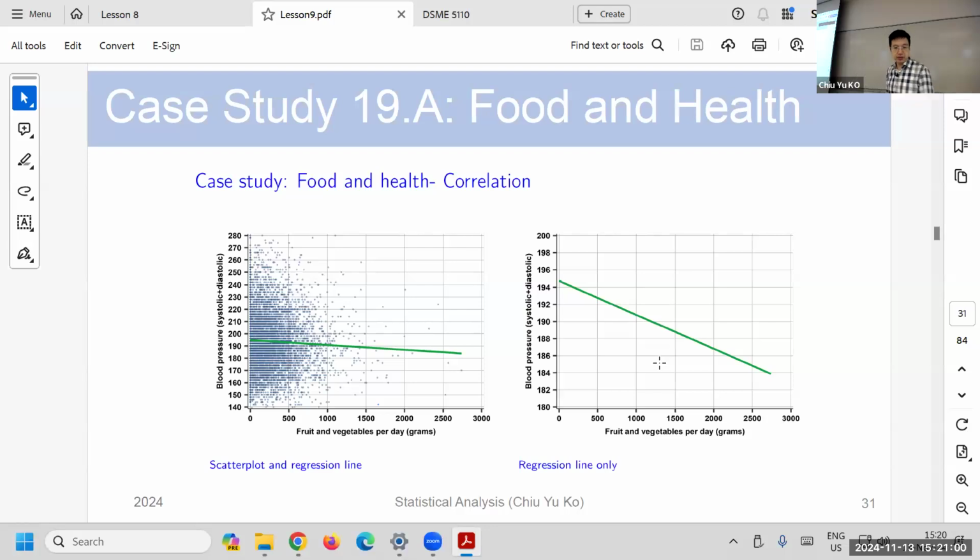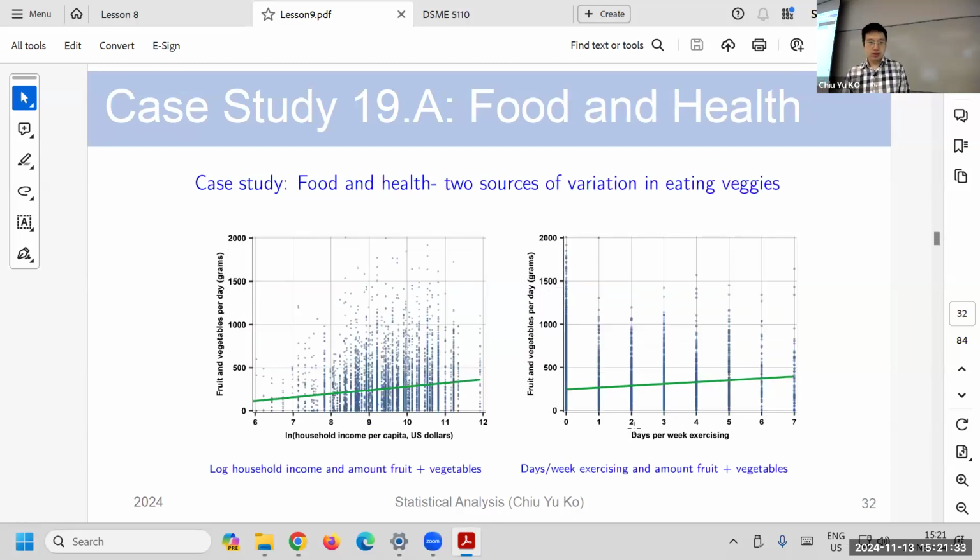So look at the scatter plot. And at least from a diagram, you will see, very optimistically, if you get more vegetable, blood pressure is going down. I hope that is right. And this is just the line only, the same thing, but the scale is a little bit different. But this is the correlation there, because regression only shows correlation.